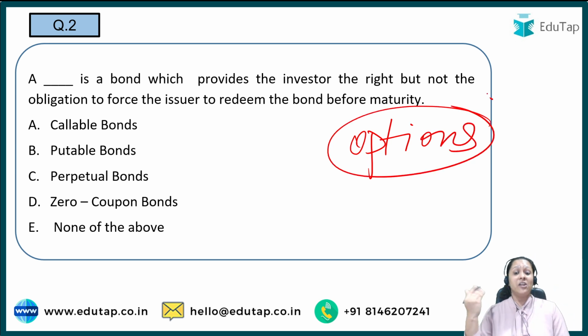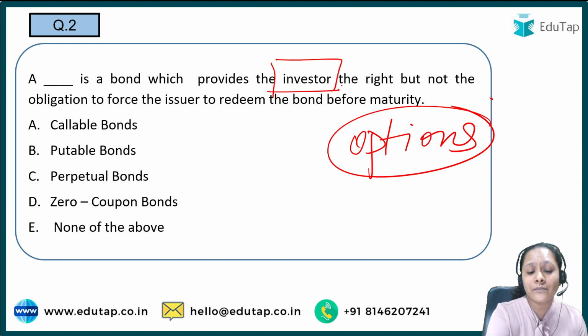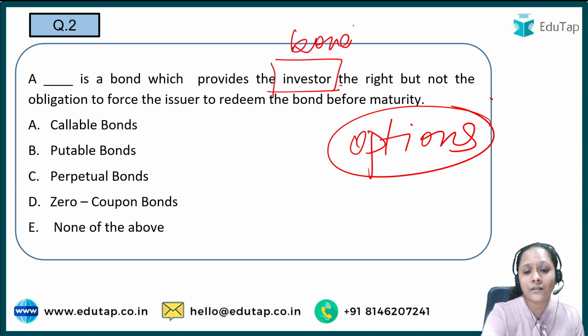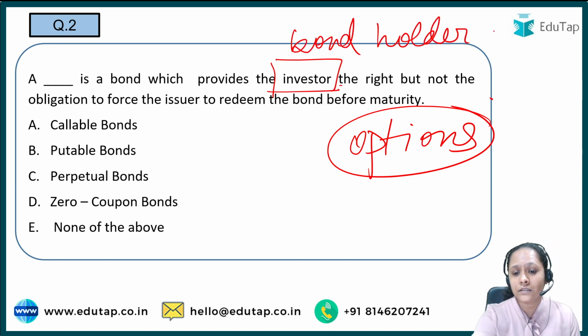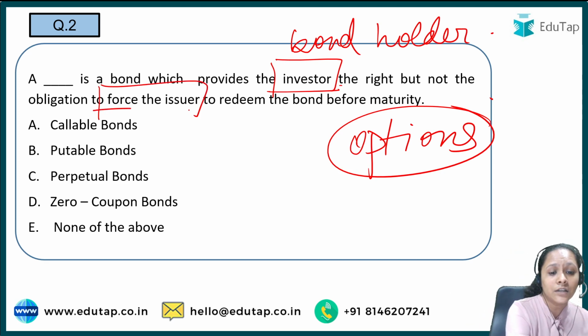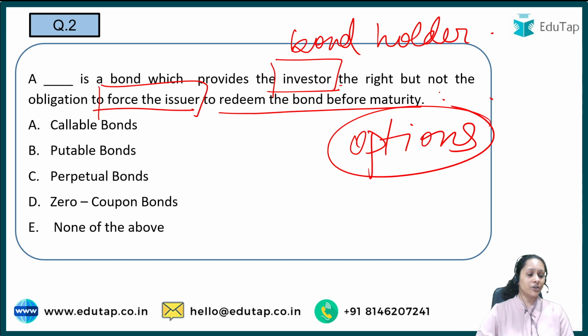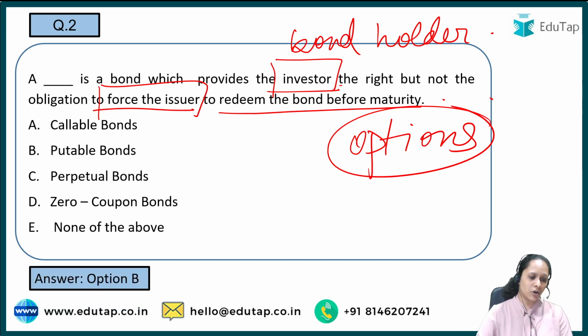Again, we'll not go into the depth of derivatives, but the given question says that this type of bond provides the investor, who is the investor? The bondholder, the right but not the obligation to force the issuer to redeem the bond before maturity. So the answer to this question is B, puttable bonds.